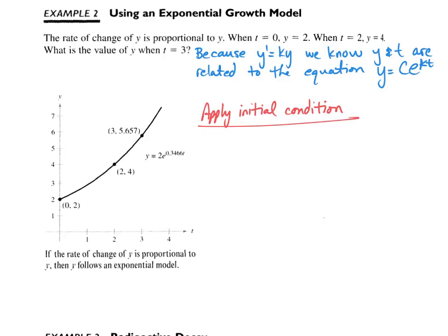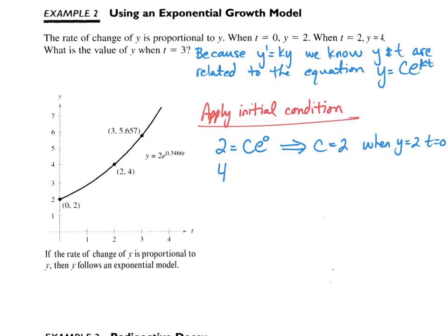So our y is 2 when t is 0, right? So 2 equals c e to the 0. Anything to the 0 is 1, so this implies that our c is equal to 2 when y is 2 and t is 0. And then we can use our other condition when t equals 2, y equals 4.